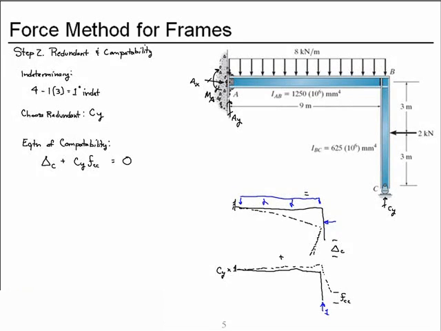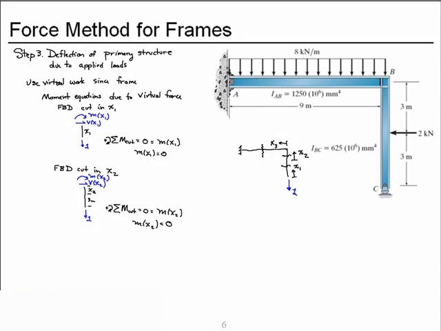We then calculated the degree of indeterminacy, found that it was 1 degree indeterminate, so we needed 1 redundant. We chose the vertical reaction at C as the redundant and wrote the equation of compatibility for vertical deflection at C. In order to get the vertical deflection at C of the primary structure, that is the structure without the redundant, we need to use virtual work.